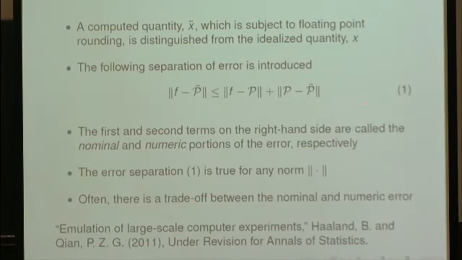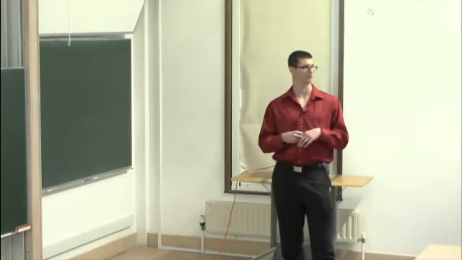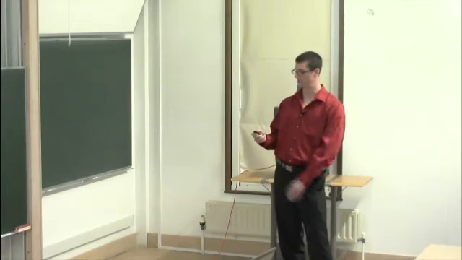We can apply the triangle inequality, and we get this separation of the error. We've got our function, and we have this thing that we're using to predict our function, p tilde. For any norm, the difference between those two is less than the nominal error plus the numeric error. So I'll go after those two pieces separately.